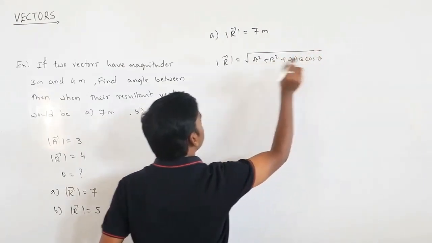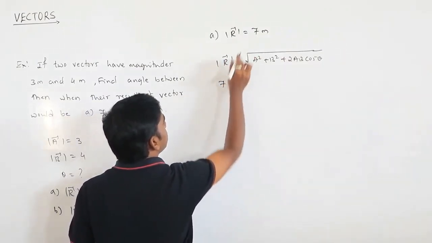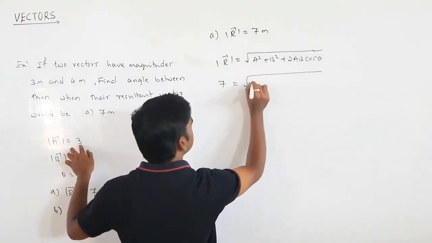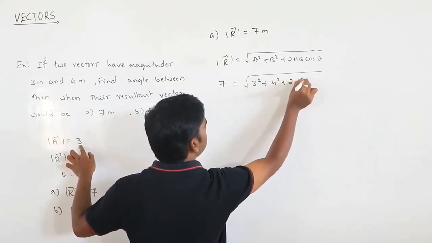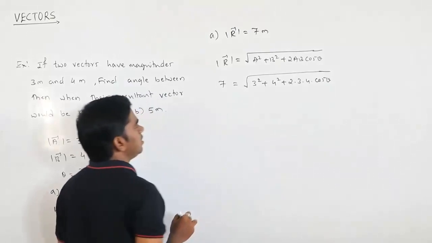What do you want to find? You want to find theta only. So R is 7, equals root of 3 square, plus 4 square, plus 2 into 3 into 4 cos theta. Okay, theta only you have to find.